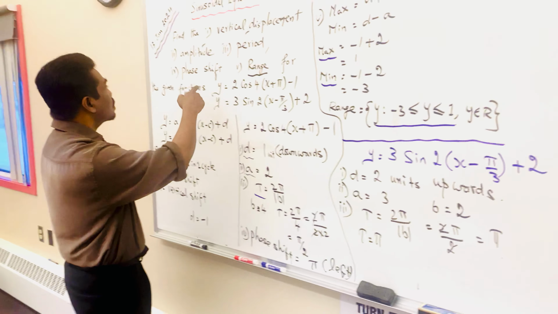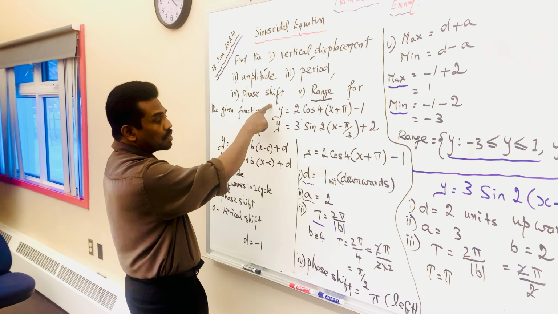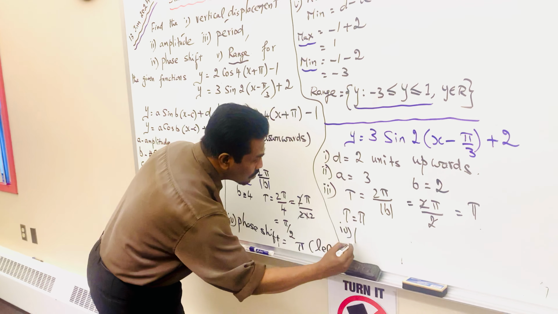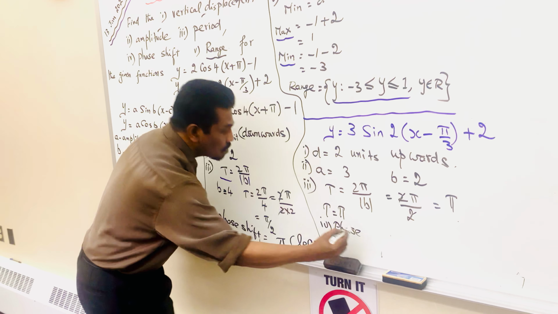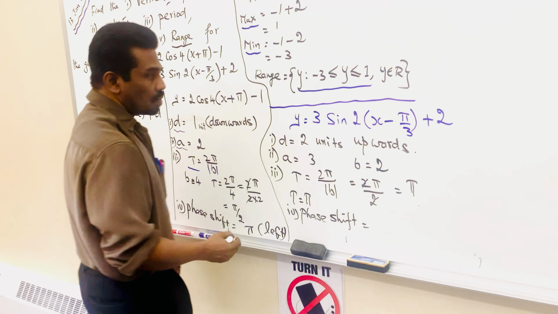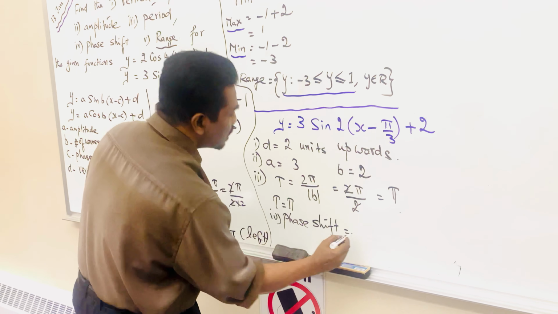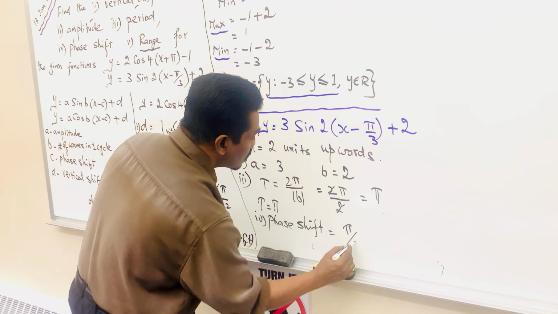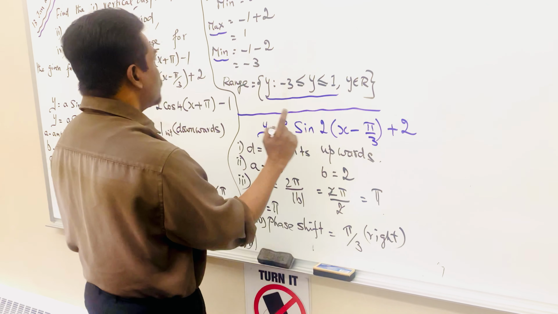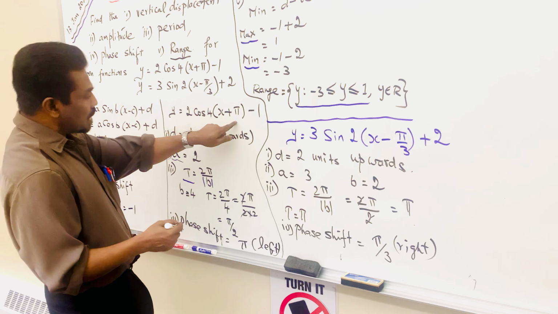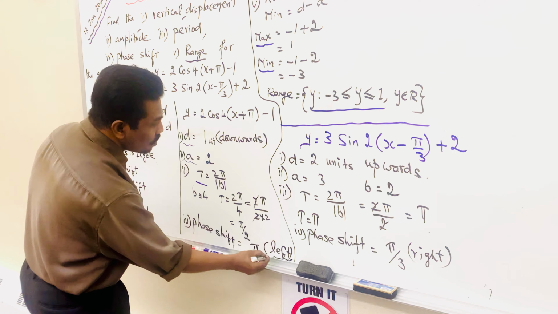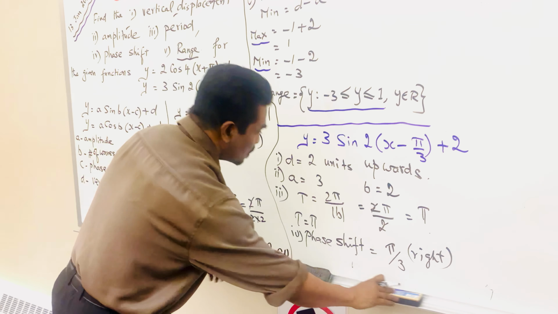Then the period is finished. The fourth one is the phase shift, and the phase shift here is pi by 3. Please understand the difference from the previous one: it was plus there, so it was left, and here it is right, the phase shift.